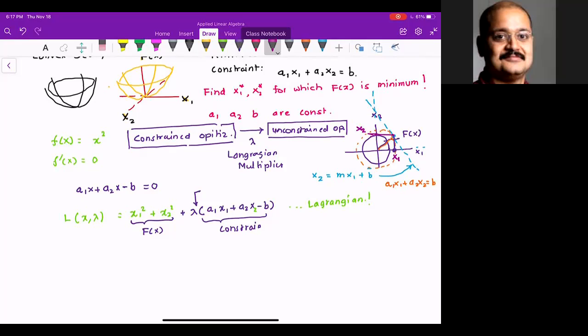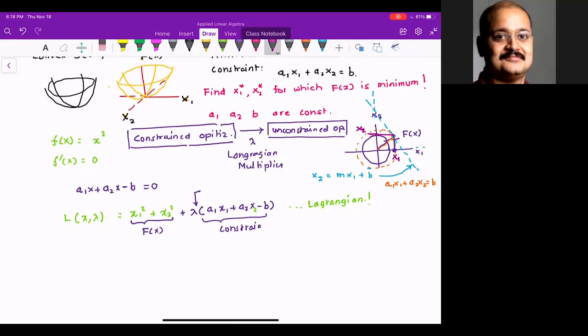When x1 and x2 are on the line, by adding the Lagrangian multiplier, I'm making sure x1, x2 are part of the line and part of the circle. You agree with me? That is the only way I can satisfy the minimization. I can satisfy the function f of x, and I can satisfy the constraint.